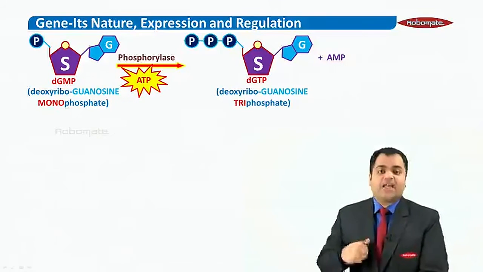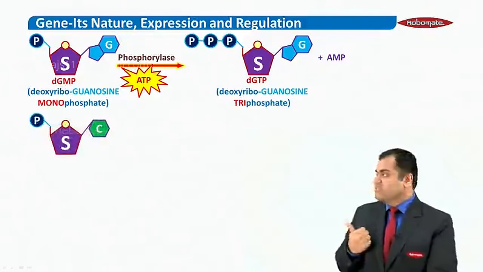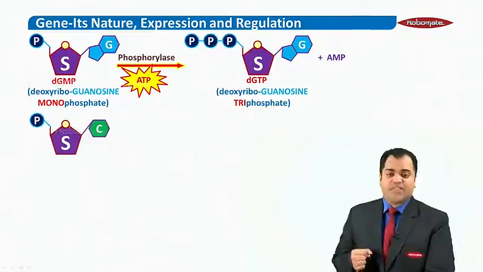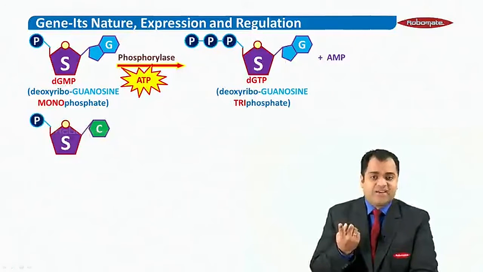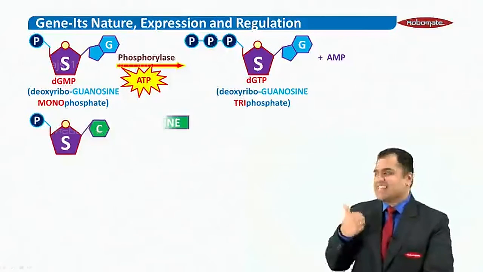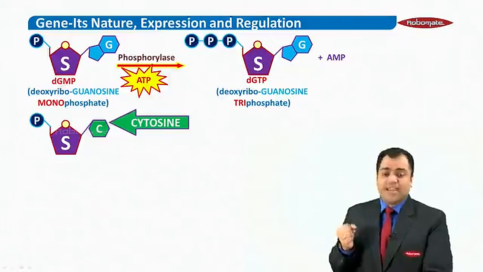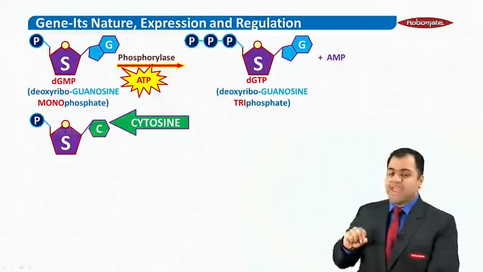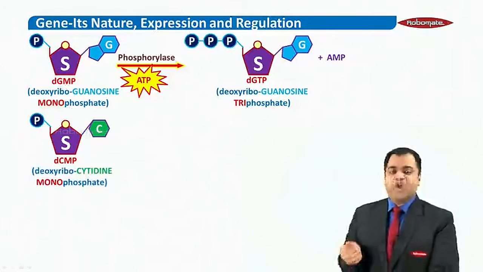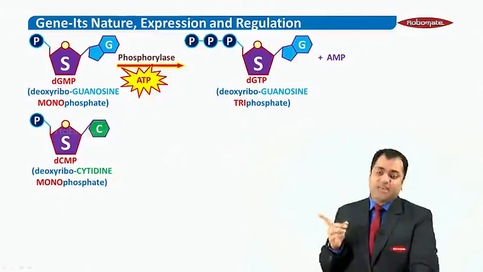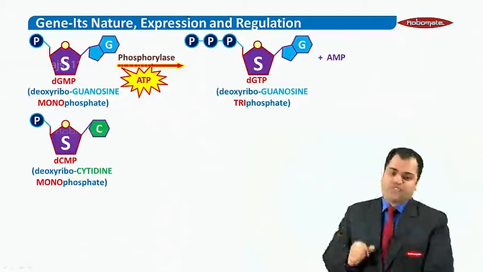Now let us look at another nucleotide, in this picture right here. What nitrogen base do you see here? You guessed it correctly. It is cytosine. So if cytosine is my nitrogen base, I'm going to call this molecule DCMP, which stands for deoxyribo cytidine monophosphate.